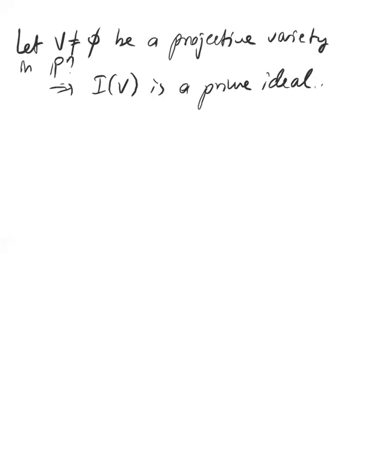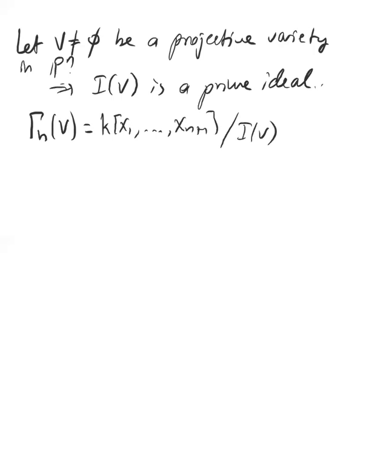Then, if you look at this Gamma H of V, as in the affine case, if you divide the polynomial ring by I(V), we get an integral domain, because this ideal is prime.